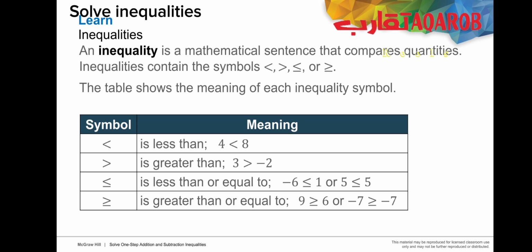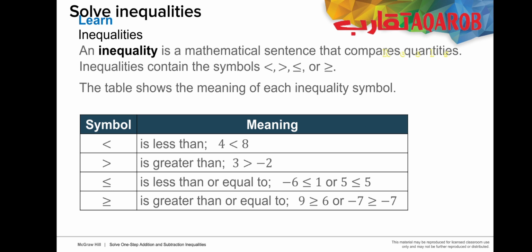It doesn't look like an equation, in which in all cases the right side equals the left side. There must be balance between the two sides of an equation. Here, there is a comparison between two quantities.